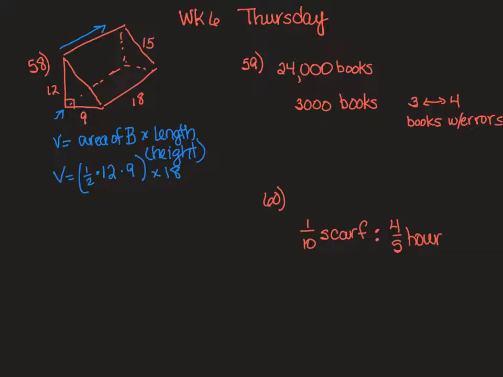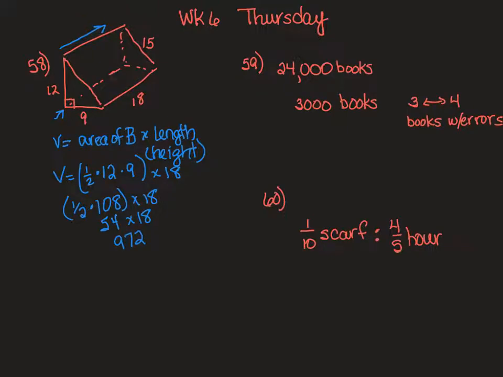So that would give me the volume of this. And I'm going to finish this all out because you'll get plenty of chance to redo this in the problem. So this would be 1/2 times 108 times 18, which is 54 times 18, which would be 972.